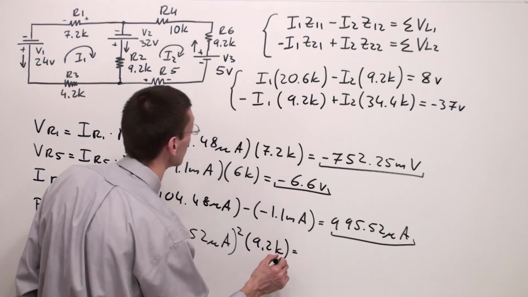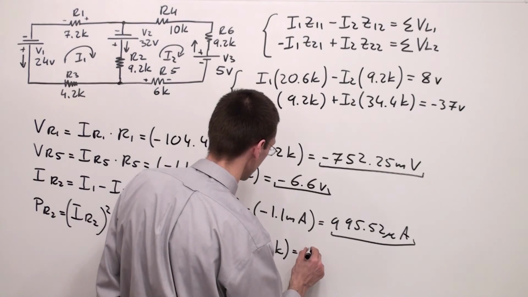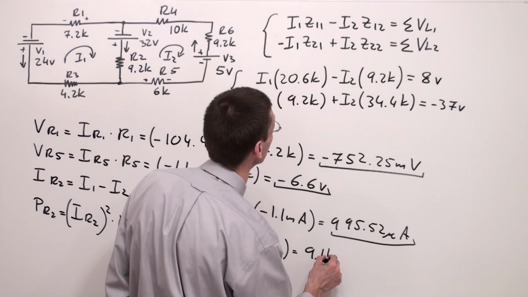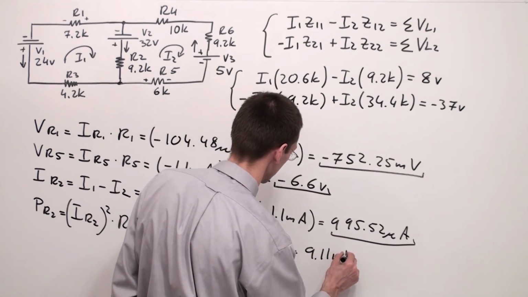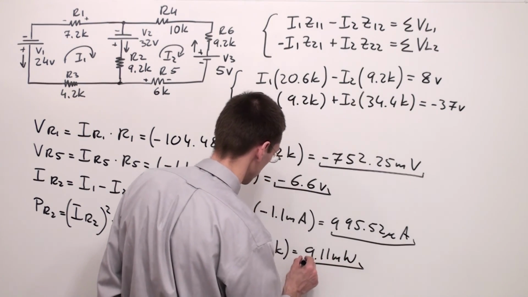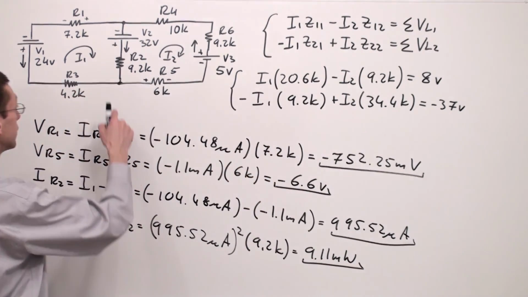This is equal to 9.11 milliwatts. This is the power at this resistor.